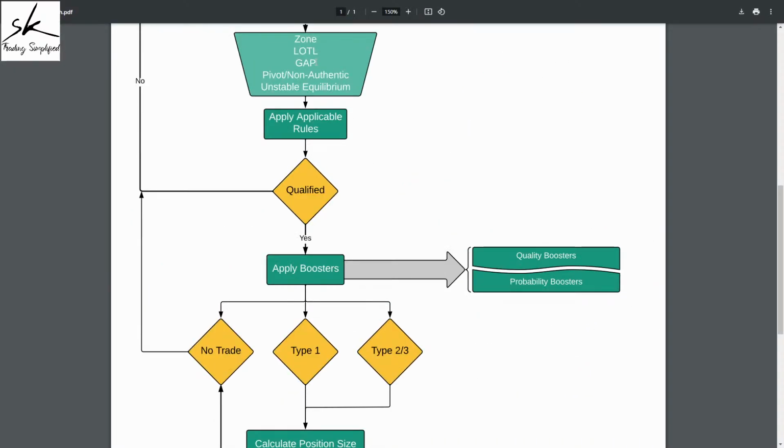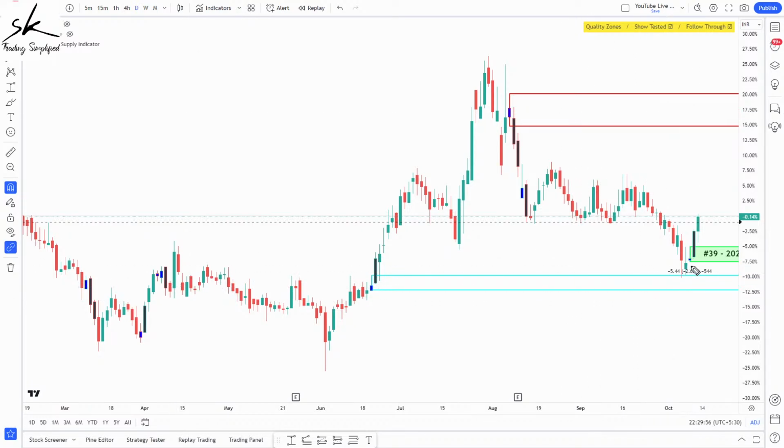This is not because of a gap. Therefore, gap rules will also not apply. Pivot non-authenticity is not applicable because we only apply pivot non-authenticity to drop-based rallies and rally-based drops. We do not apply it to a rally-based rally. And for unstable equilibrium, the leg out should have gone below the basing, which is not happening in this case. Therefore, unstable equilibrium is also not applicable.